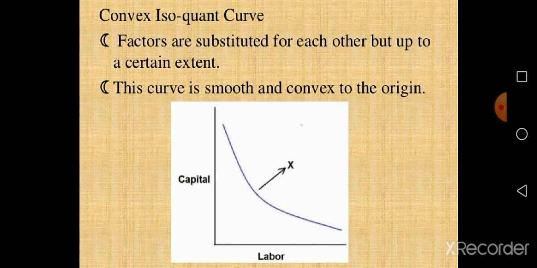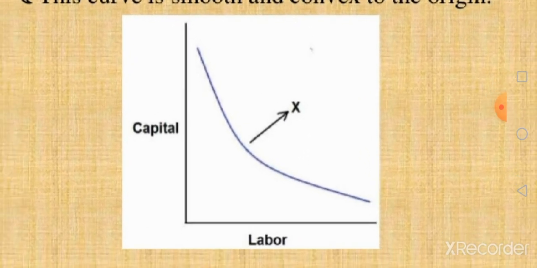This curve is smooth and convex to the origin. With the help of substitute input factors, such as capital and labor, the curve forms as a convex.